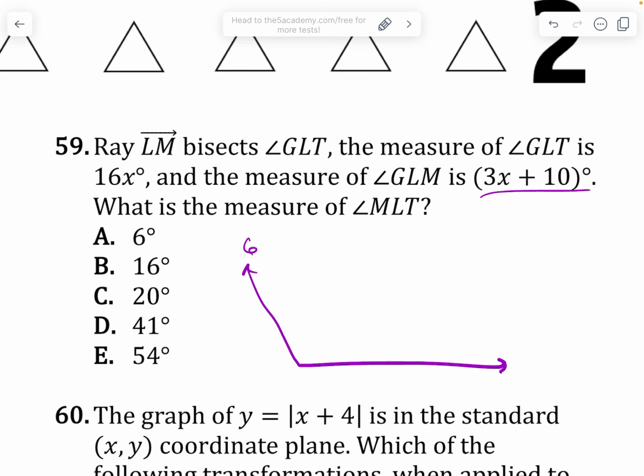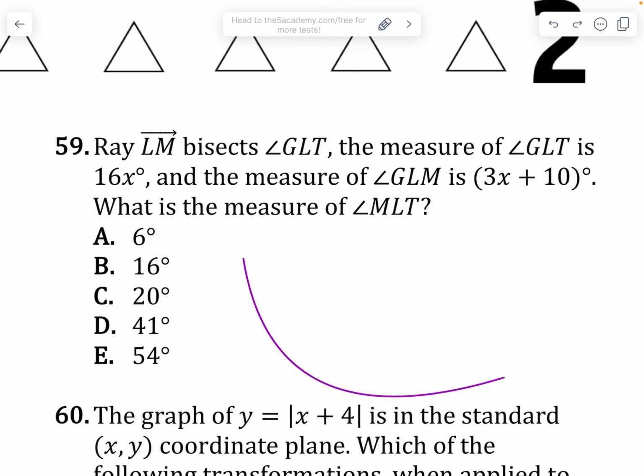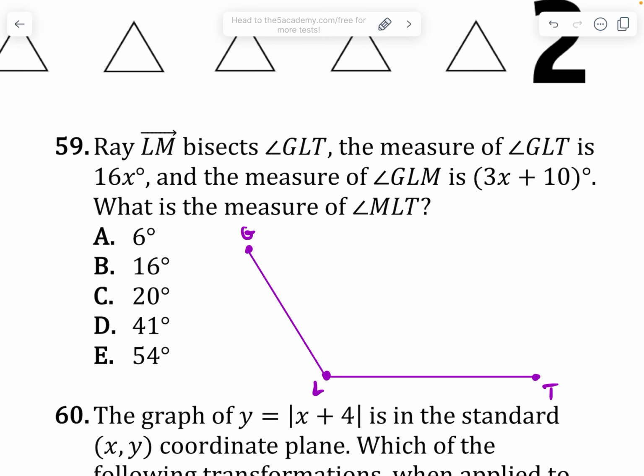Let's call this G. So we have G, L, T, okay? And then we have ray LM that bisects it, which means it cuts the angle measure in half.